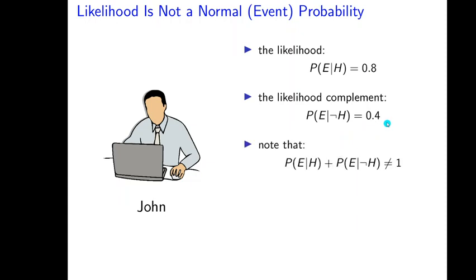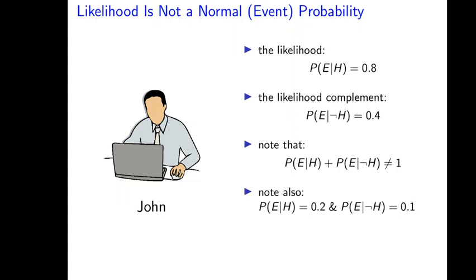As you note here, the summation of the likelihood probability plus the likelihood complement probability does not sum up to 1, and this is very common in likelihood because you are not talking about event probabilities or normal probabilities, but what we call hypothesis probabilities.